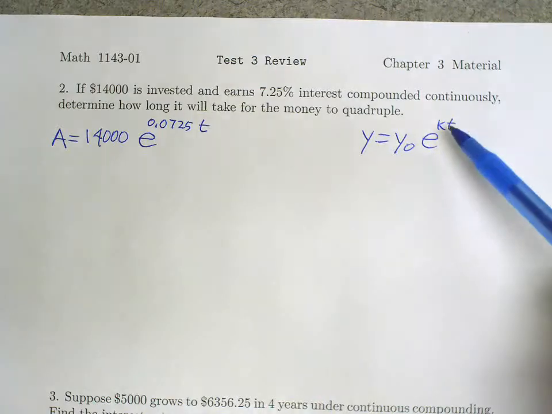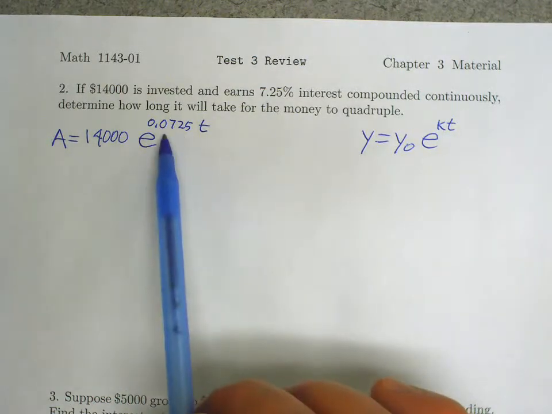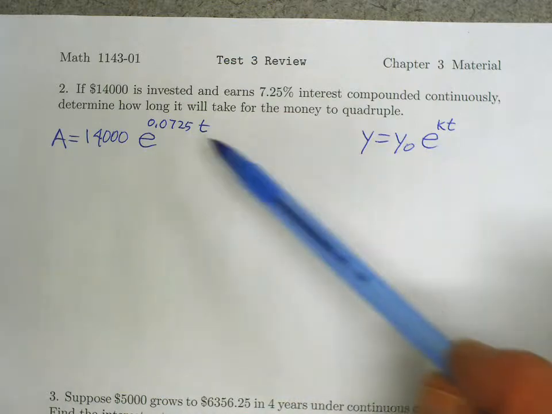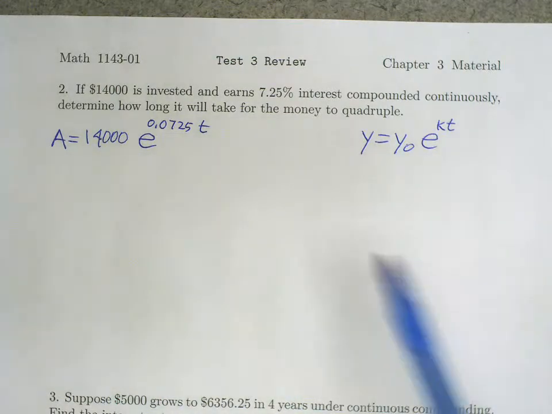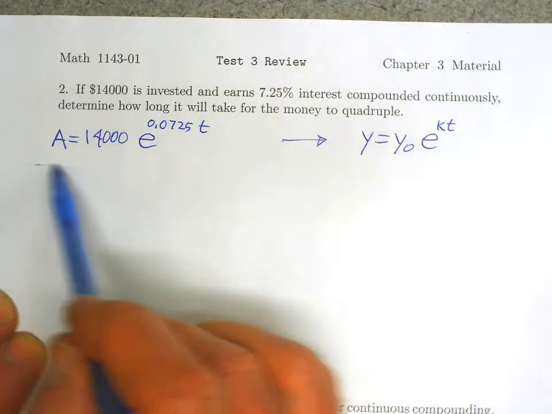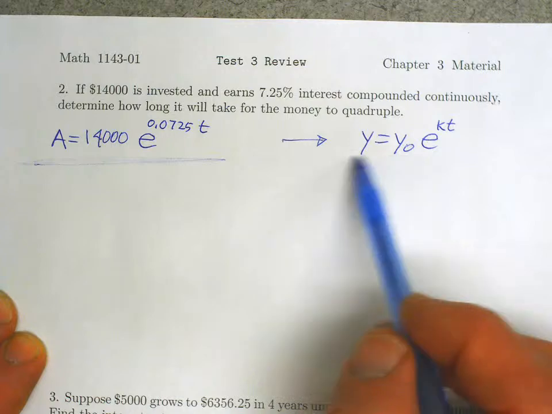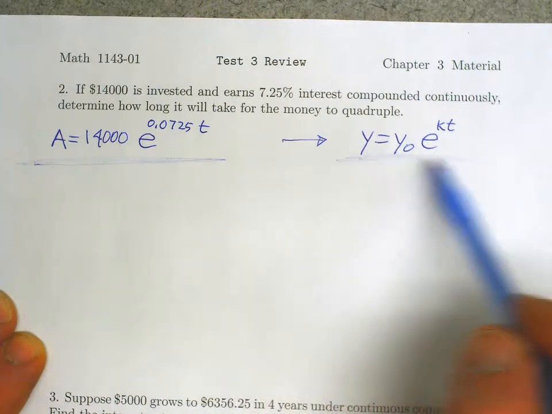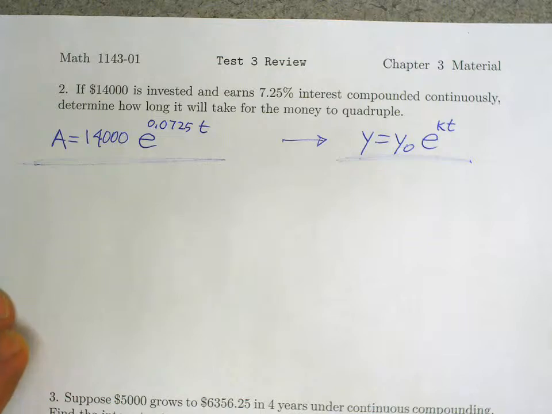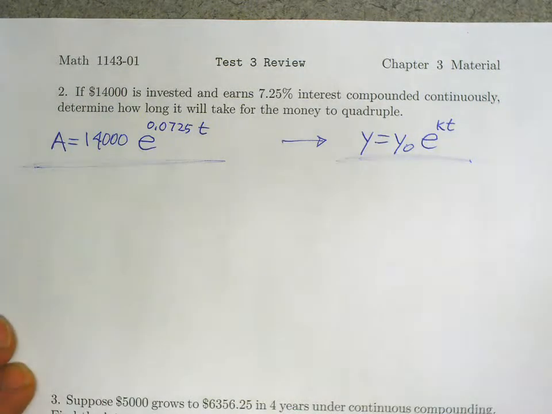But instead of using k in our interest formulas, we use r instead, but they have the same function. This was discussed in an earlier section, whereas this is discussed in section 3.6. But in this particular case, they are equivalent. This is continuous exponential growth.